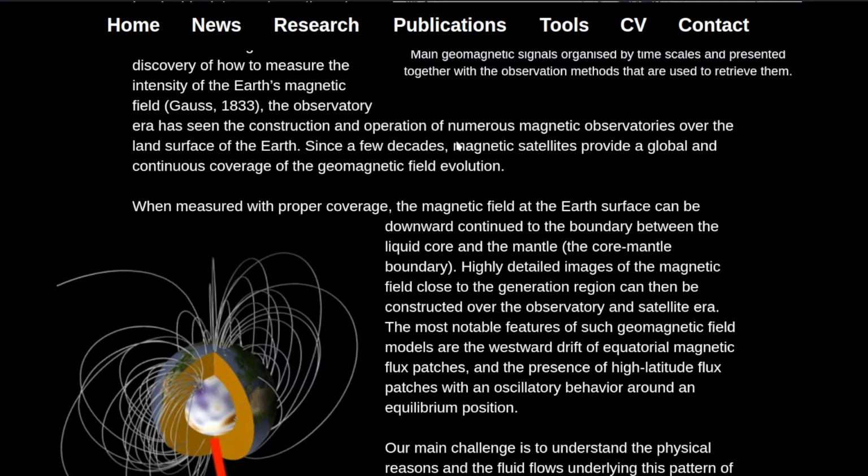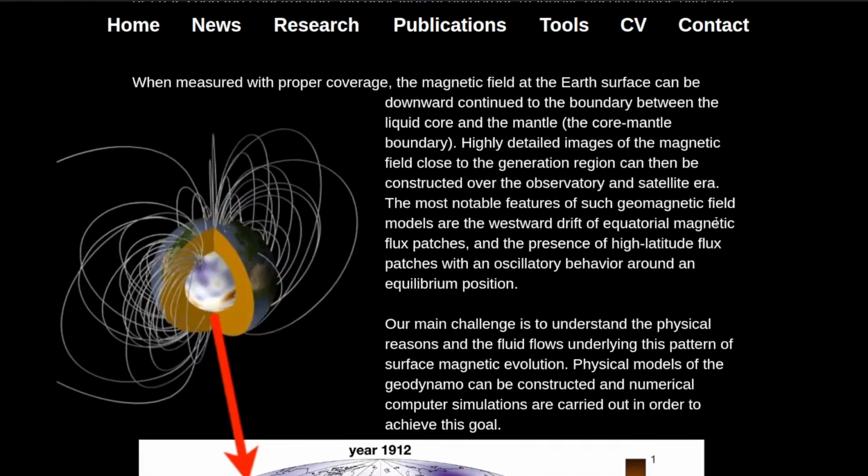When measured with proper coverage, the magnetic field at the Earth's surface can be downward continued to the boundary between the liquid core and the mantle, the core-mantle boundary. Highly detailed images of the magnetic field close to the generation region can then be constructed over the observatory and satellite era. The most notable features of such geomagnetic field models are the westward drift of the equatorial magnetic flux patches and the presence of high-altitude flux patches with an oscillatory behavior around an equilibrium position.